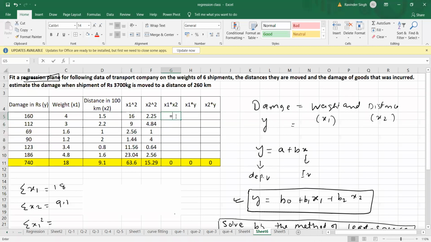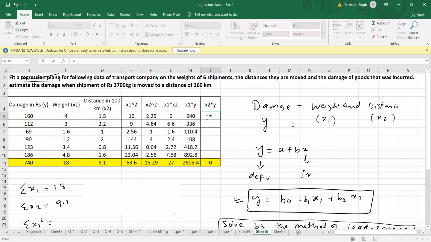Now I need to find x1 into x2. I will just drag this down. I want to find x1 into y, then x2 into y.